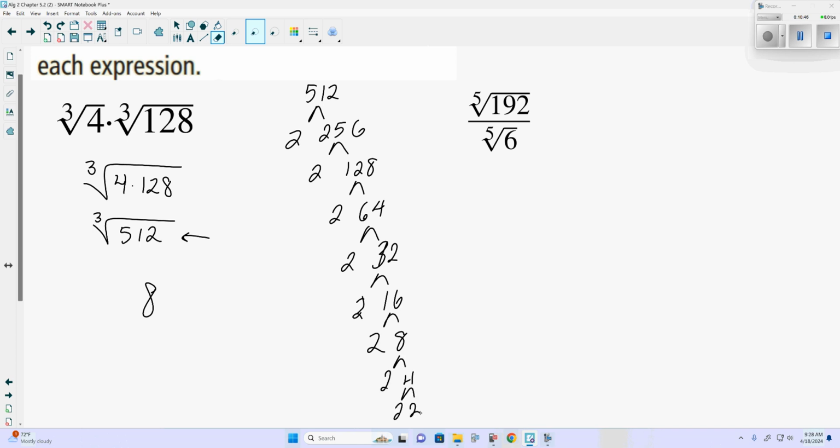All I did was just divide it by 2 multiple times. And we've got 1, 2, 3, 4, 5, 6, 7, 8, 9. So 2 to the 9. Well, we're taking the cubed root of it. And we'll get to this here, but when we do this with powers, we're really dividing that power by the index.